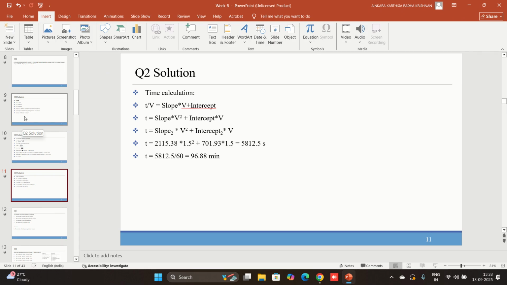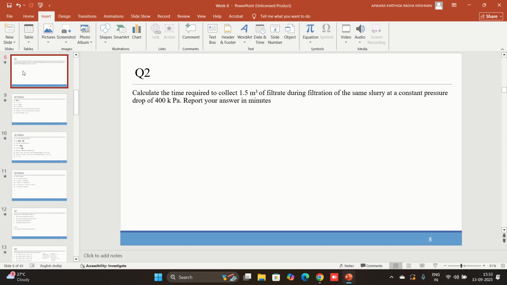I'll explain it one more time. In the previous problem we were calculating slope and intercept. Now in this problem we are given a new pressure drop condition and asked to find the time required to collect the 1.5 meter cube.